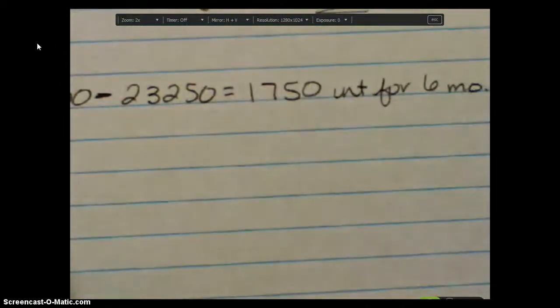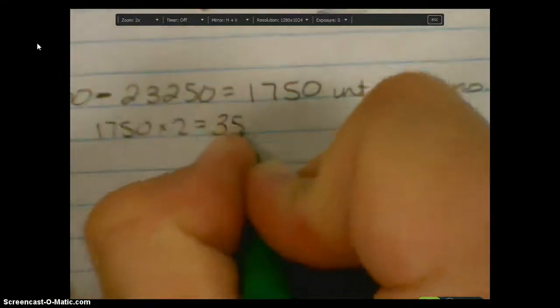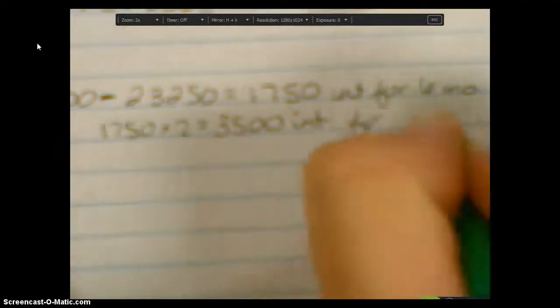We know that 6 months is half a year, and 1/2 plus 1/2 equals 1, so we have to take it times 2. 1,750 times 2 is going to give us $3,500. So this is our interest for 1 year.